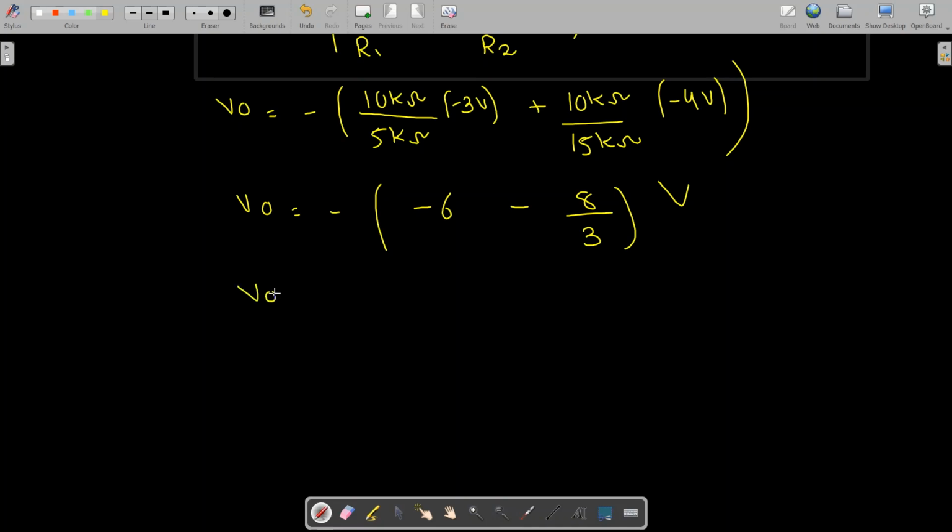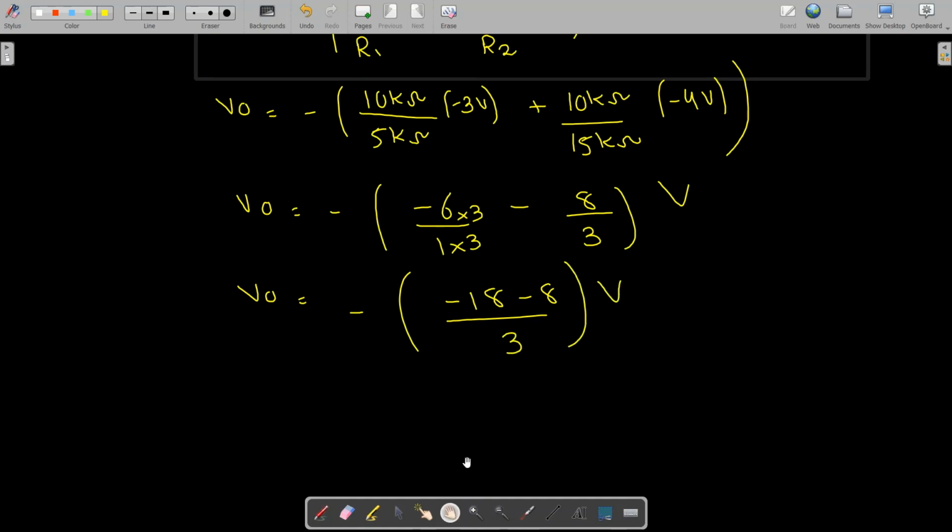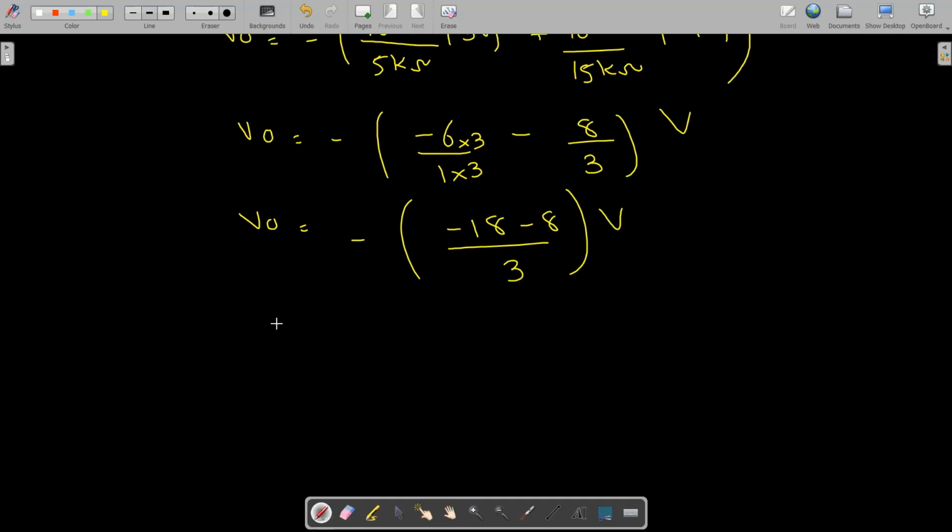Because here we have 1 over here, we need to multiply by 3 over here and 3 over here as well. The LCM comes out to be 3, so we are going to have minus 18 minus 8 divided by 3 volt, and this comes out to be V naught is equal to minus 26 divided by 3 volt.